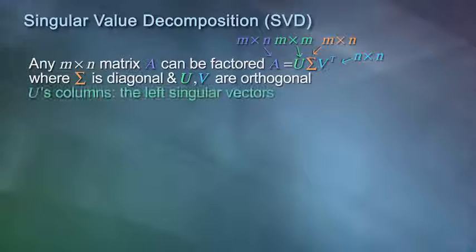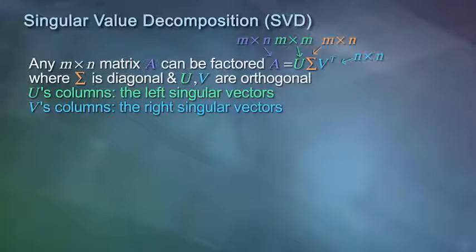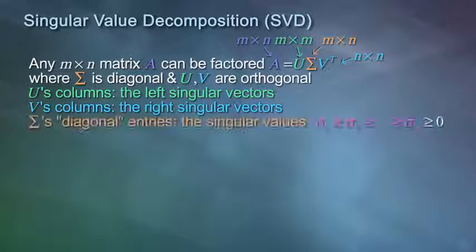The columns of U live in R^m and are called the left singular vectors, and the columns of V live in R^n and are called the right singular vectors. Diagonal entries of sigma are called the singular values of A and are ordered by size and denoted sigma 1, sigma 2, etc. And the singular values are always non-negative.